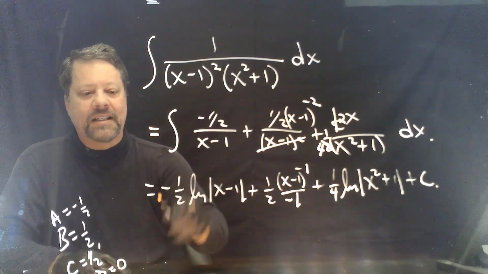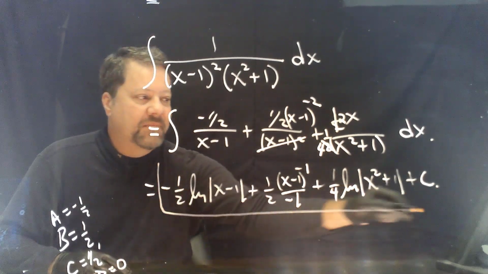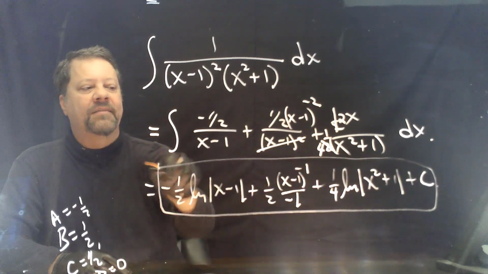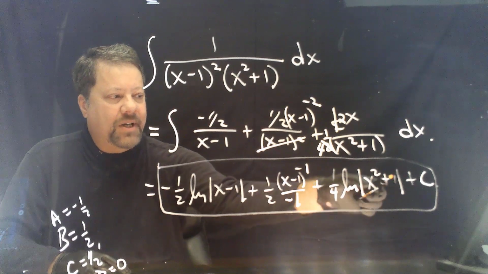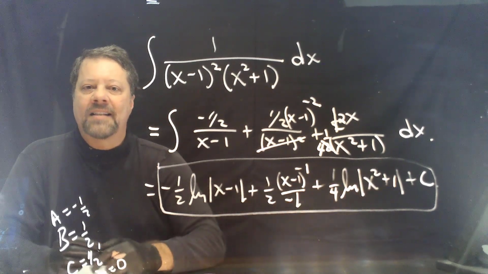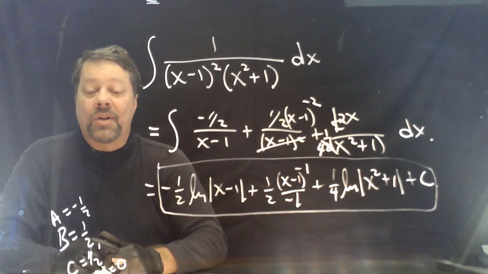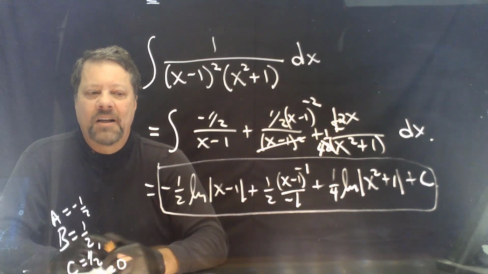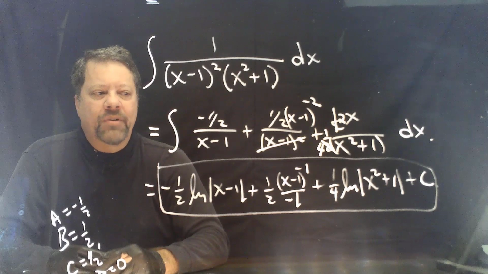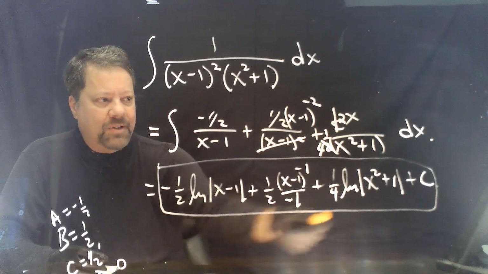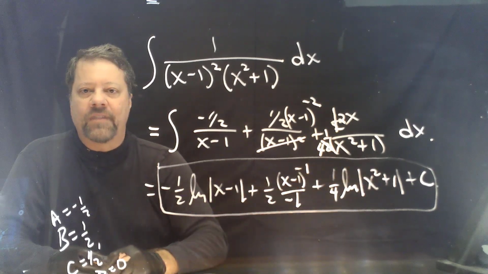And we're essentially done. For purposes of the exam, put a box around it, you're done. In this case, the absolute values are superfluous, since x squared plus 1 is already non-negative. But out of force of habit, and it's a good habit, whenever you get a log, you should put it in absolute value for these sorts of integrals.